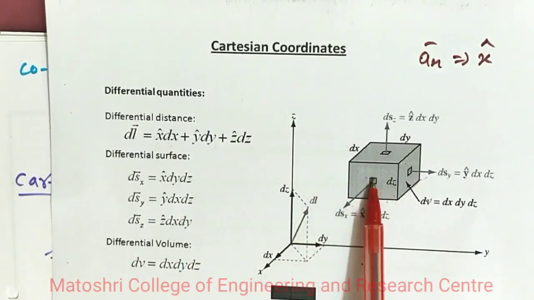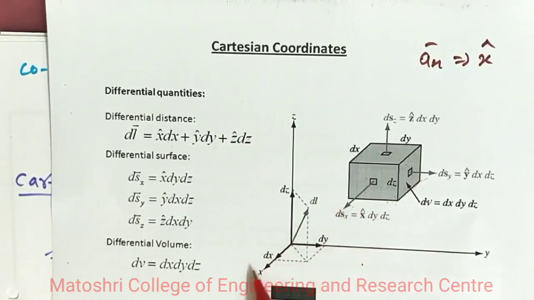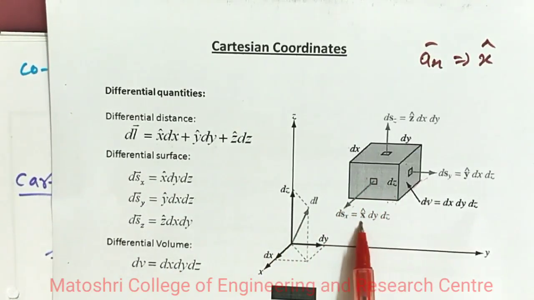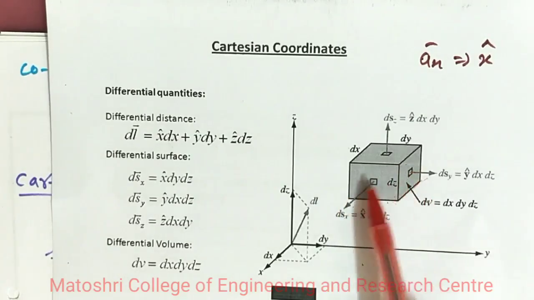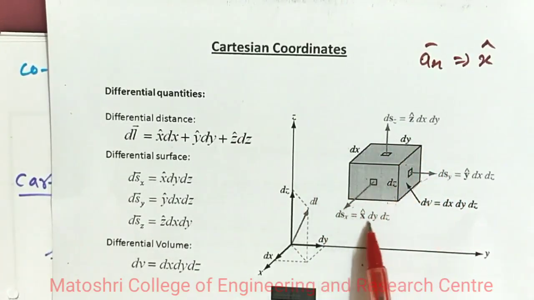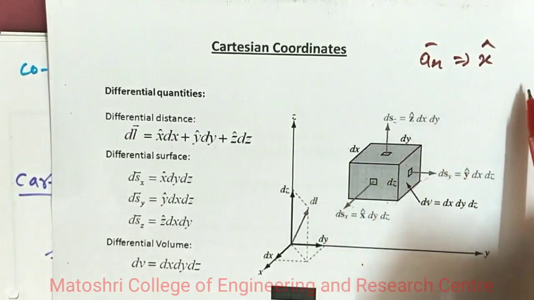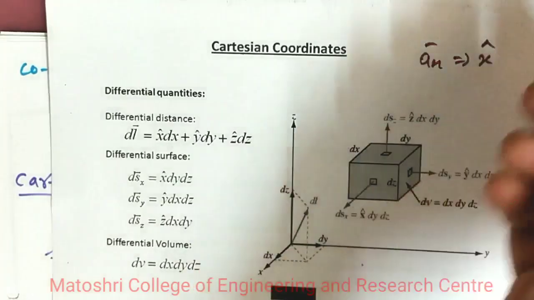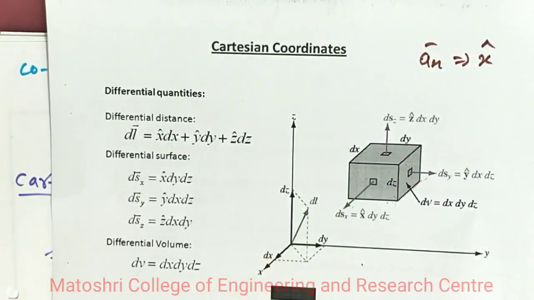For this side the direction is outward along the x axis, so the surface is dy dz ax. On the opposite side the surface area is similar, dy dz, but the direction is minus x, because outward there is along the negative x direction.